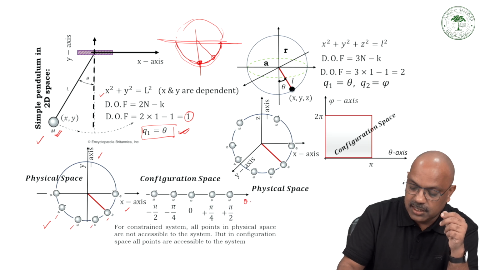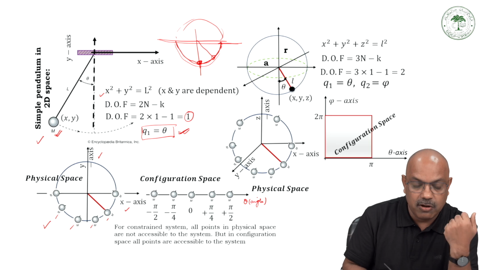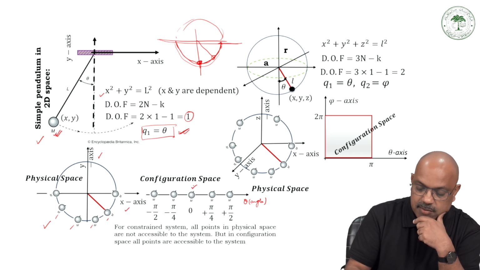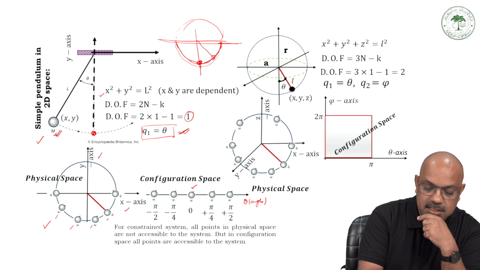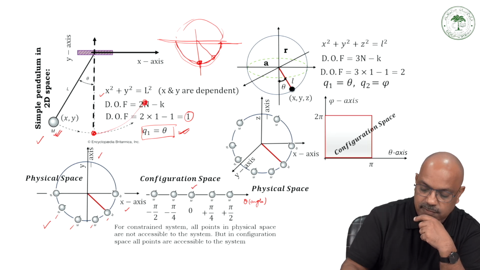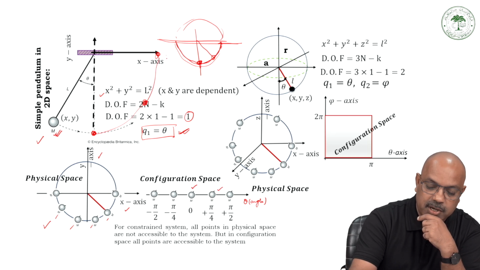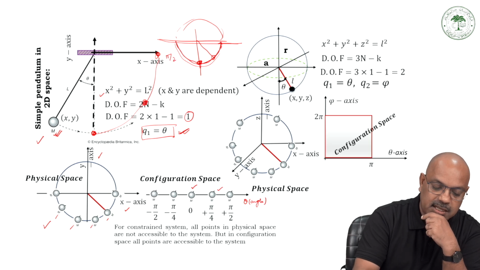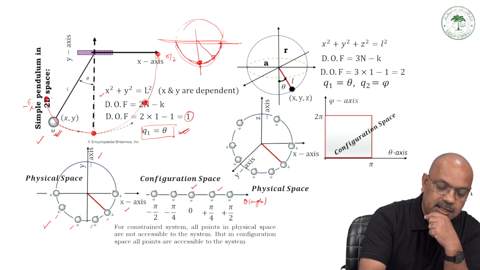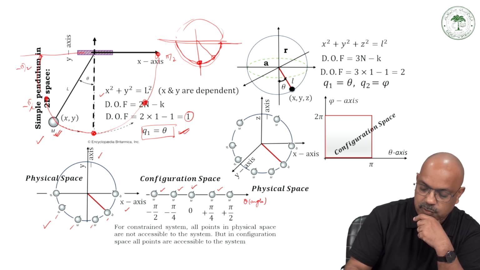So if I plot theta here, what is going to be the position of the bob? This is my mean position, and then it can go to pi by 4, then pi by 2, and on the other side minus pi by 4 and minus pi by 2. This is my mean position, and these are my extreme positions.